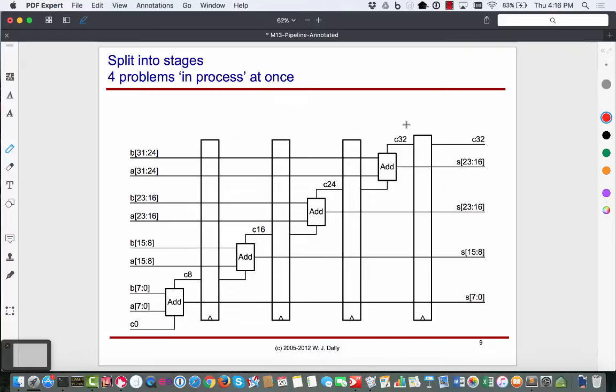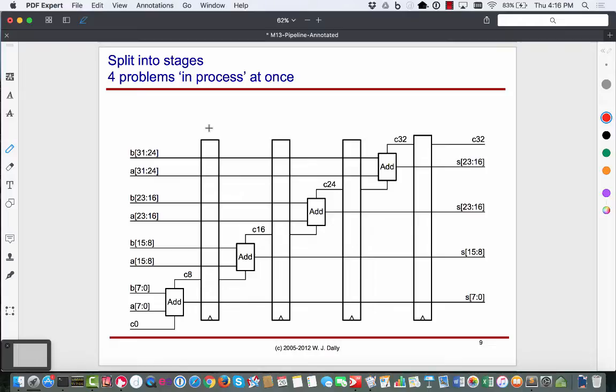Imagine I have a sequence of A and B pairs coming. Every clock tick, a new pair of A and B comes. And what we will do is organize our adder so that we put these registers out here.